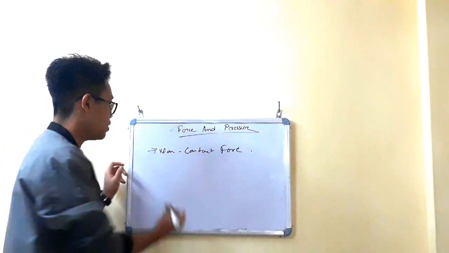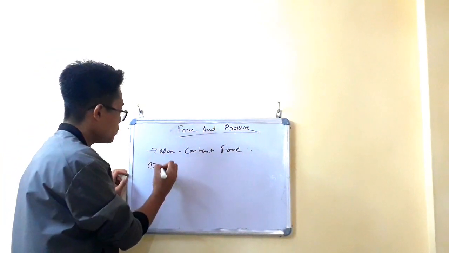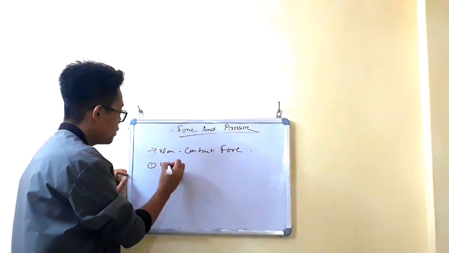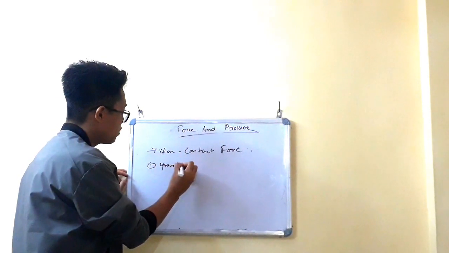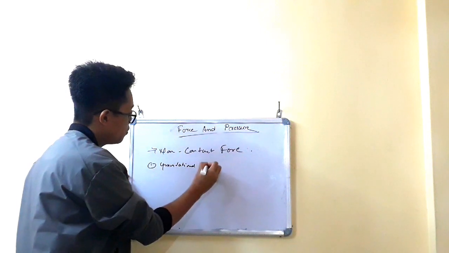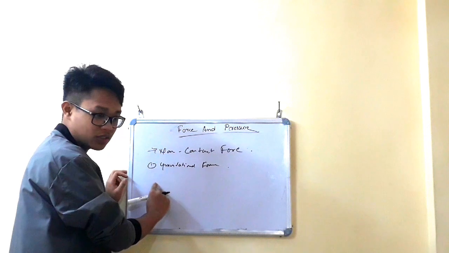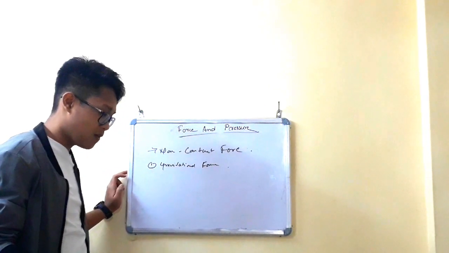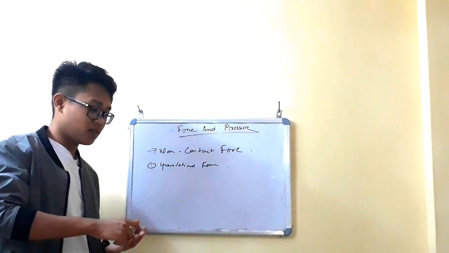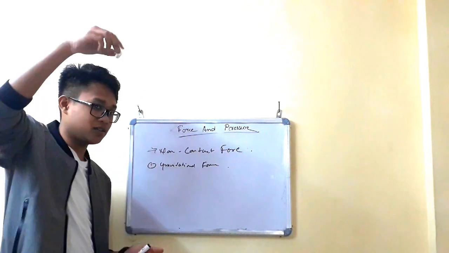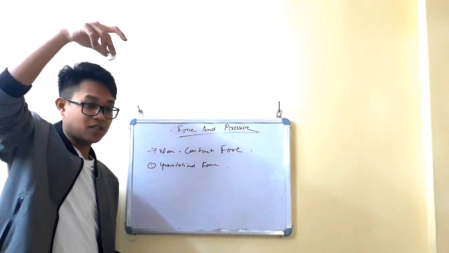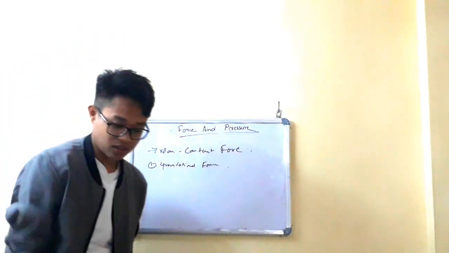Examples: first one is, we can say, gravitational force. The force of gravity, gravitational force. Earth is pulling us down, right? See, this marker is here, but as soon as I release it, it goes down, right?